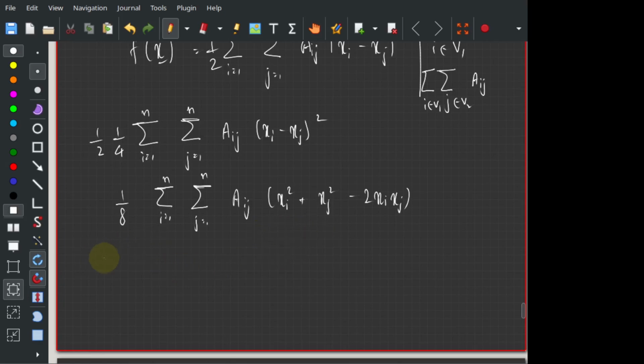Correct? Okay, so this is 1/8 summation i equal to 1 to n, summation j equal to 1 to n, aij times 2, let's say 2 into 1 minus xi xj.